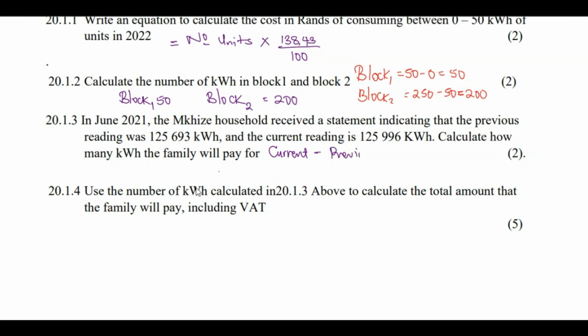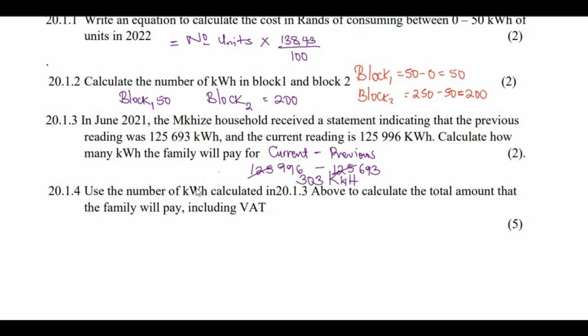So 125,996 minus 125,693. The first digits are the same, so we subtract 996 minus 693. So they have used 303 kilowatts.